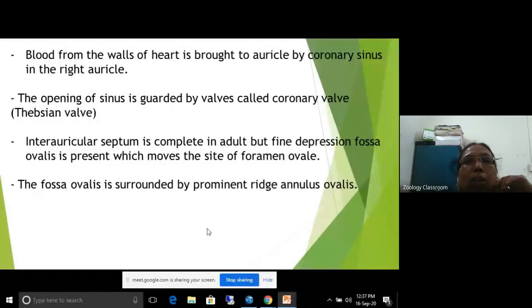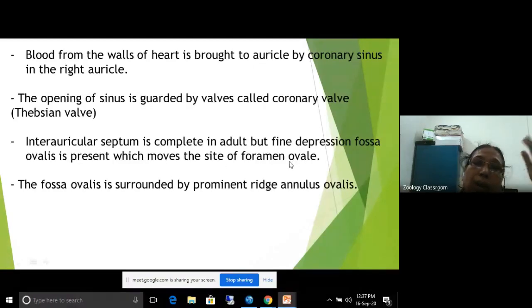The blood from the walls of the heart is brought to the right auricle by the coronary sinus. The opening of the sinus is guarded by a valve called the coronary valve or Thebesian valve. The interauricular septum is complete in the adult, but there is a fine depression, the fossa ovalis, which marks the site of the foramen ovale.